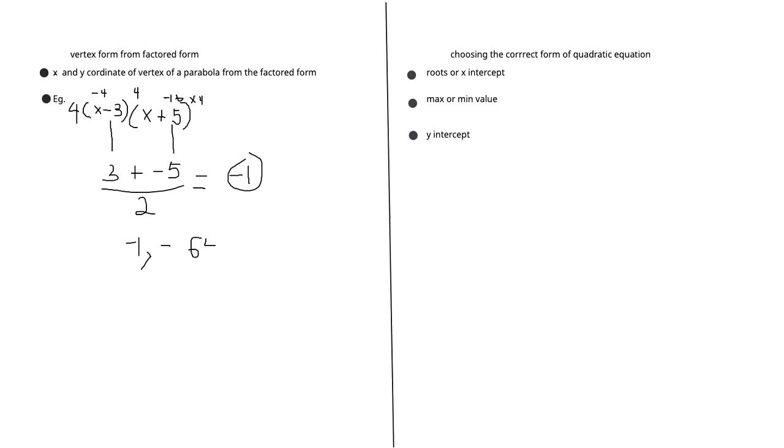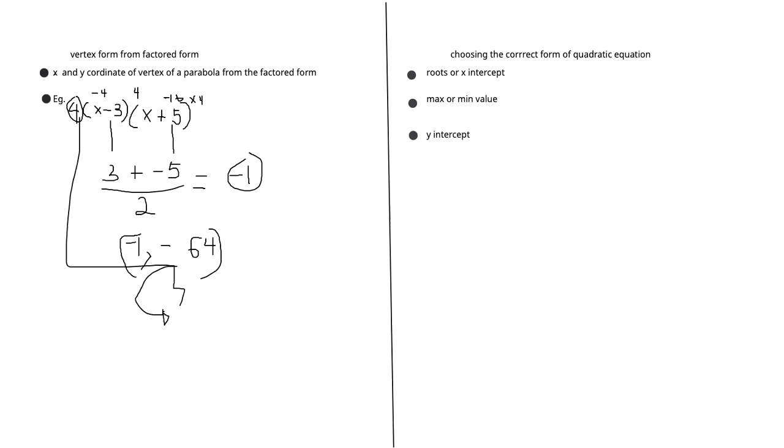So this is our vertex here. Now, immediately we have our vertex, we can write our equation in the vertex form. First of all, you write your a here.